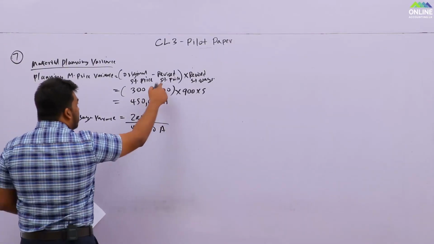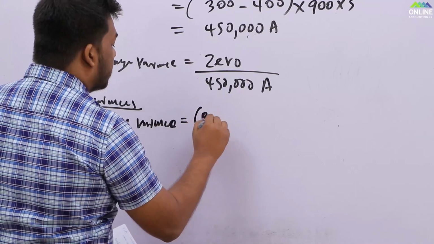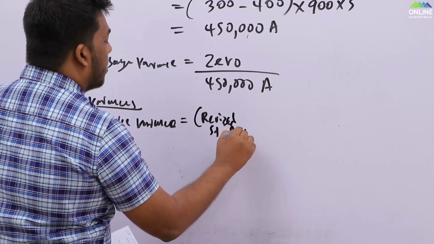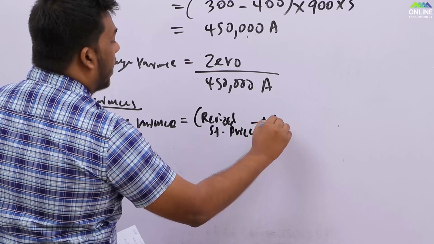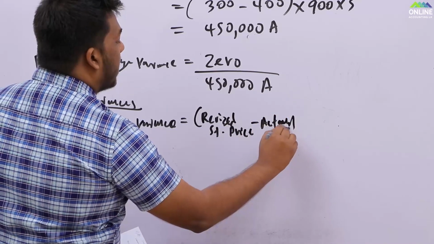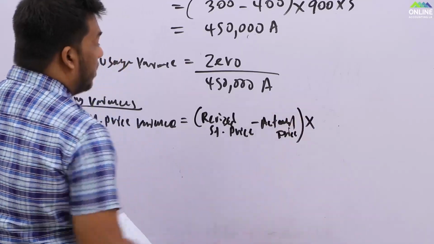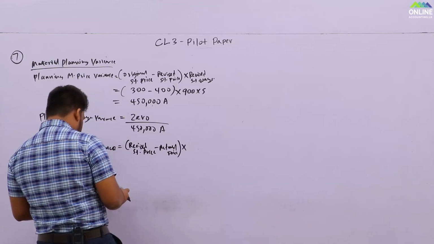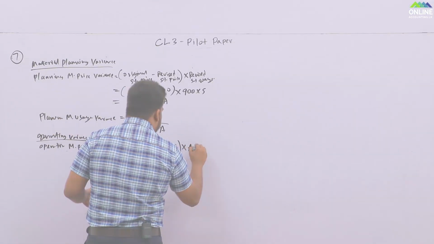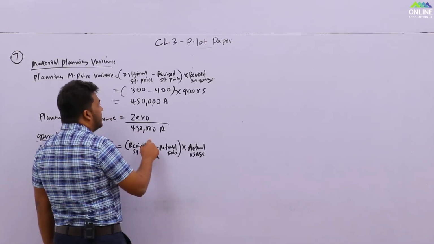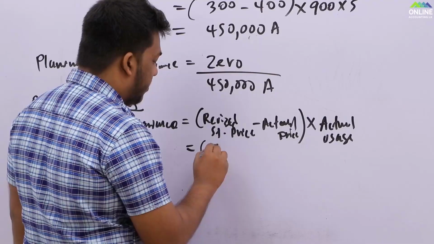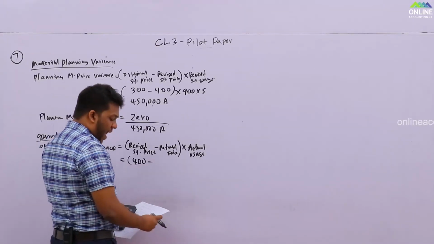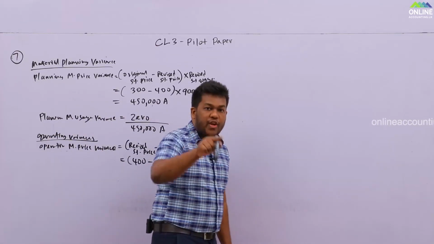That is revised standard price minus actual price into actual usage. So revised standard price is how much? That is 400. Actual price they haven't given per kilogram, but you have to calculate.